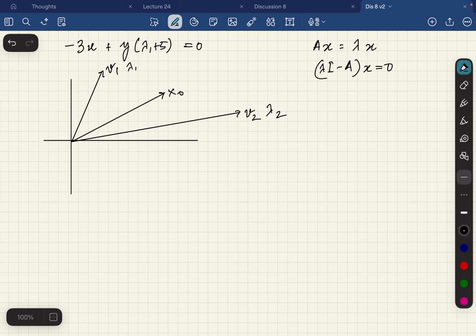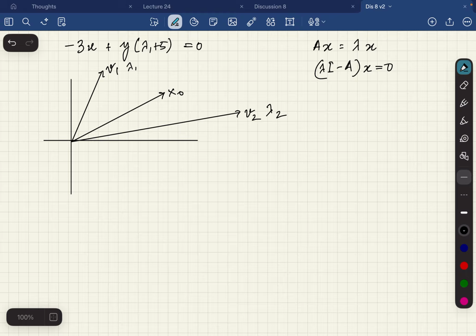Now x naught, if I choose my axes as x and y, then I write x naught in terms of the x and y axes. But what if I choose my axes as v1 and v2? I can still choose them as axes, and the only thing I need to know is the projection of x naught onto these eigendirections.